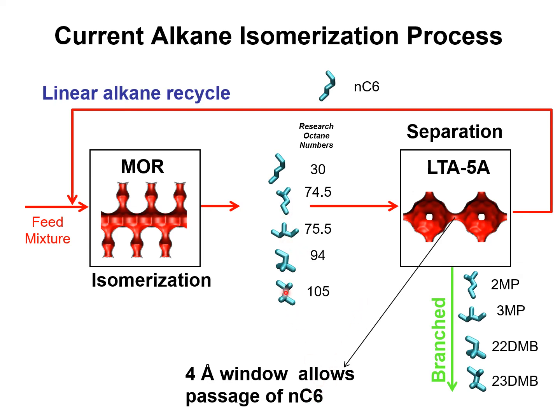The mono and the di-branched isomers are prevented from entering inside the pores of 5A zeolite.